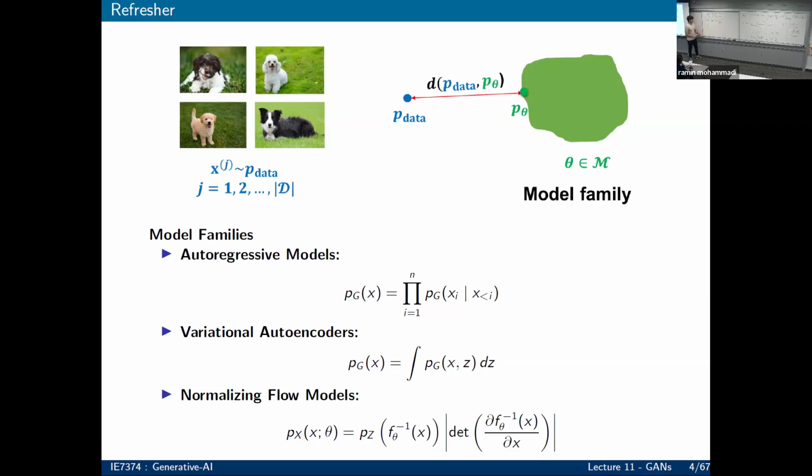So now, if you think about P of X, you can write it as P of Z. Z is technically F inverse X, so we have P of F inverse X instead of Z. Then inside, we have the determinant of F inverse X with respect to X. We replace that here.